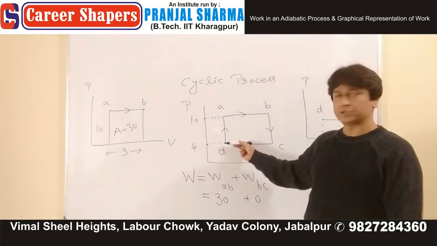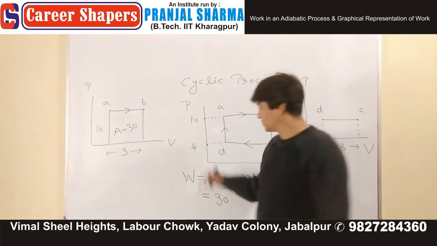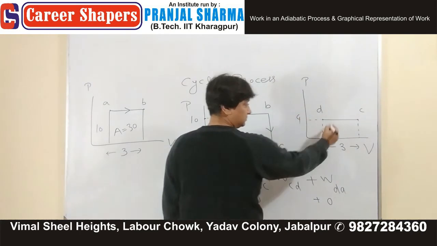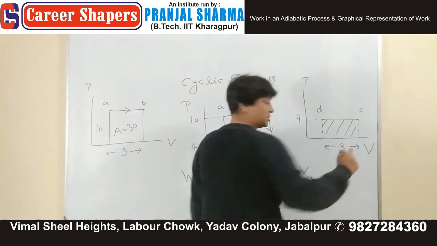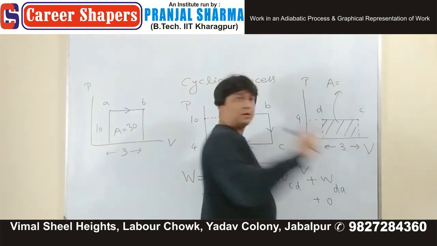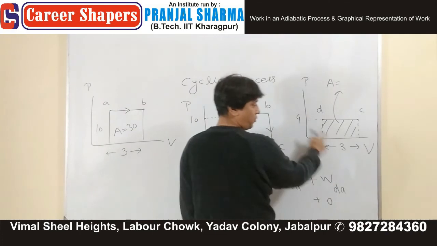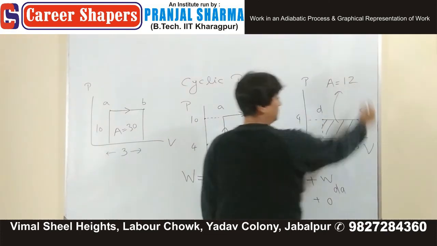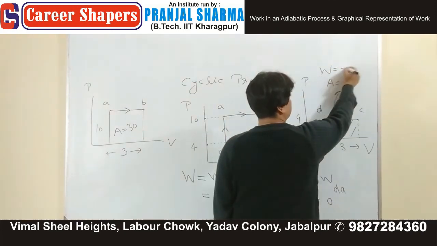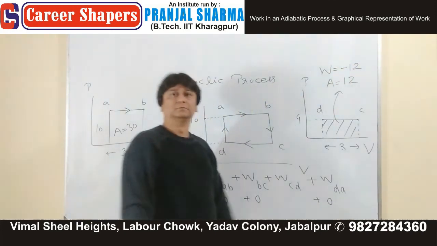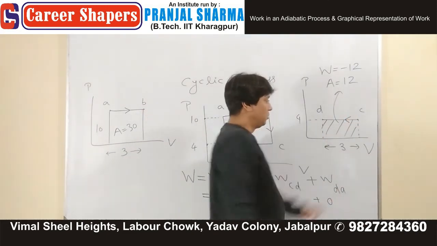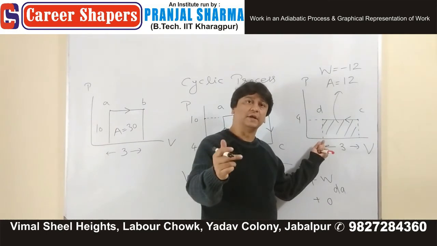Pressure corresponding to this isobaric portion is what? 4. This is 4. The area from here to here, this much only. What is the area? Carefully watch. What is the area? 4 into 3. 4 into 3. But I hope you can see that work is what? Minus 12. Why? Because from C to D, as you move, volume is decreasing.